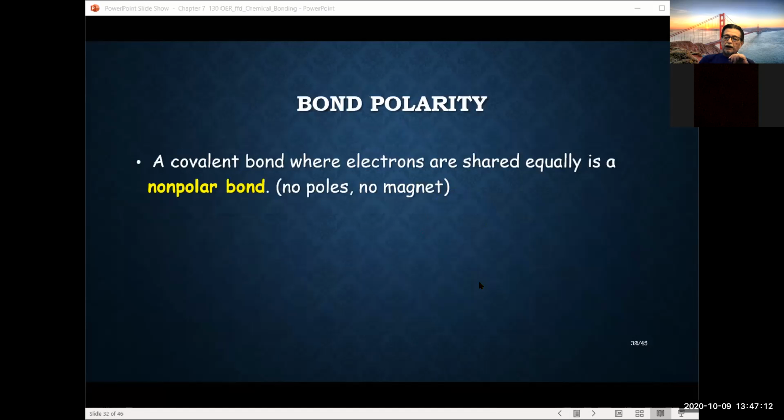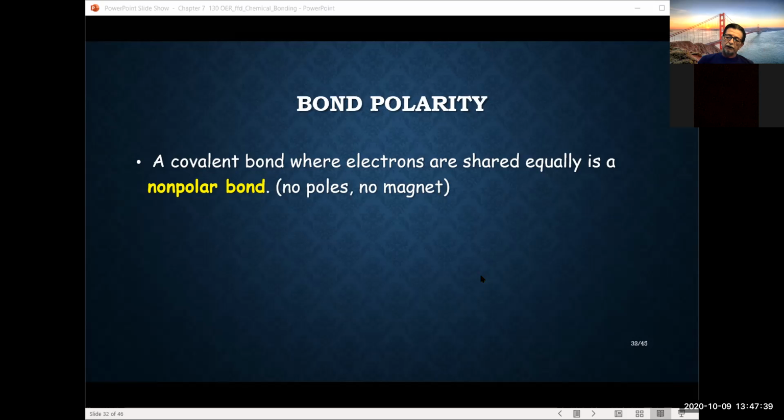So I've introduced to you the concept of bond polarity and how we determine whether a bond is polar. And it has to do with electronegativity, which is what we talked about last chapter. So when a covalent bond, and we're only dealing with covalent bonds.